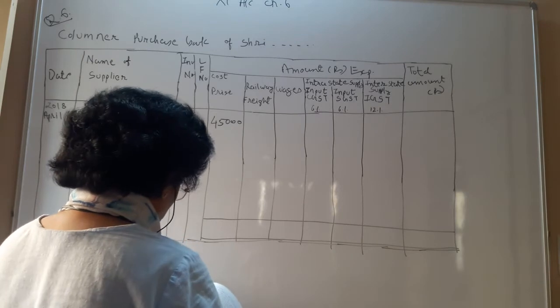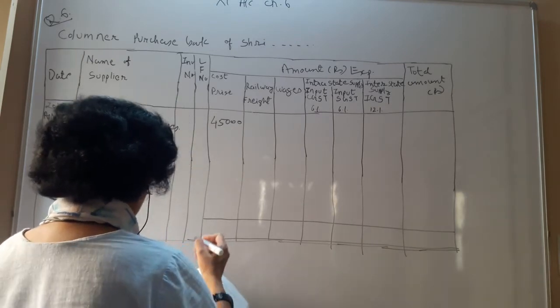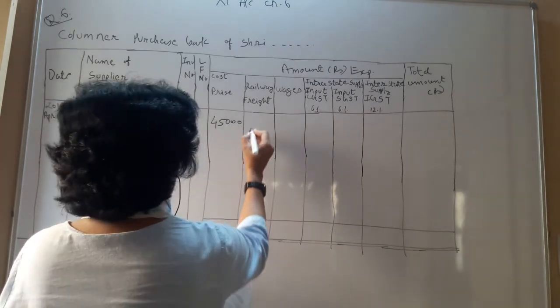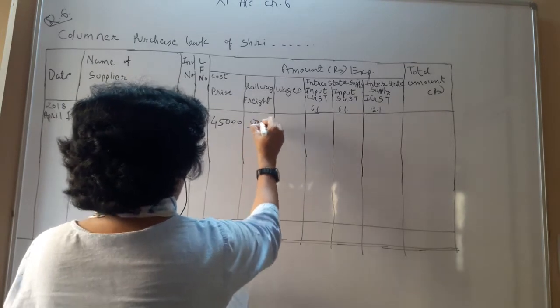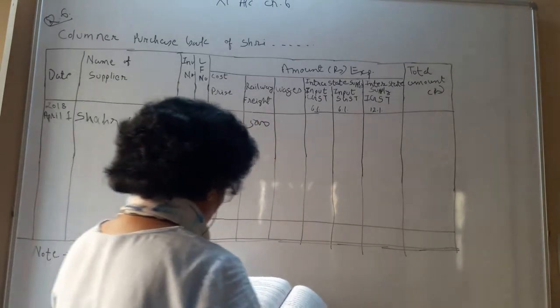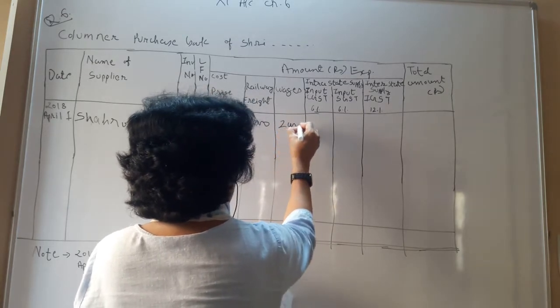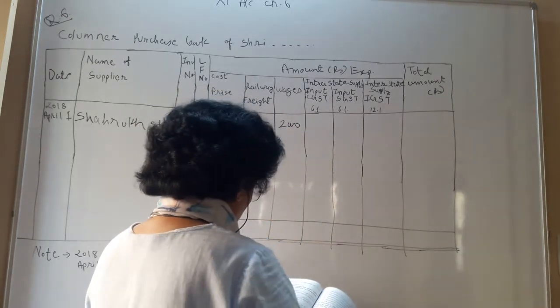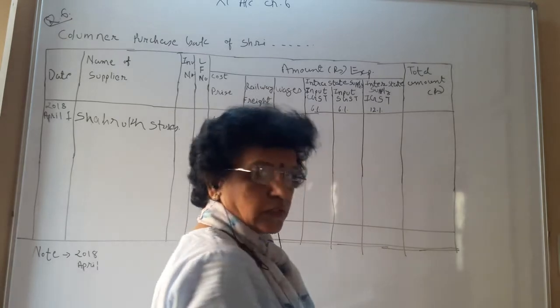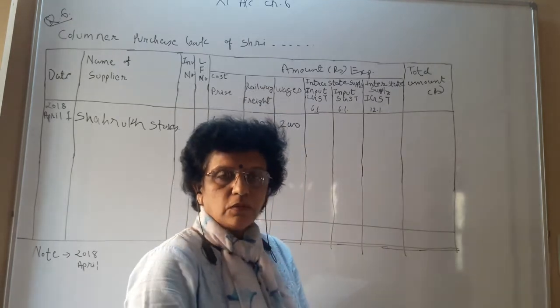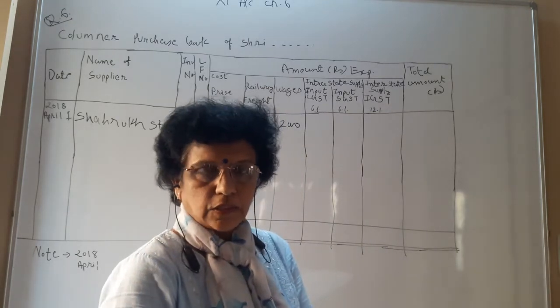Then you have the railway freight of 5,000, to be recorded in the railway freight column. You have the 2,000, that is the labor, to be recorded in the wages column, and if nothing is mentioned over here, we assume that it is a state transaction.